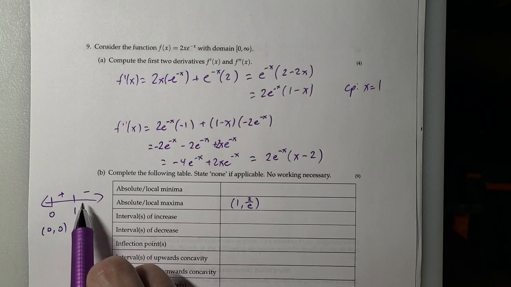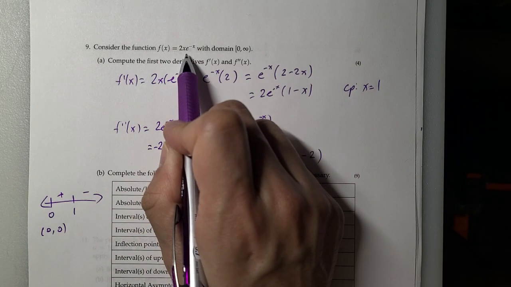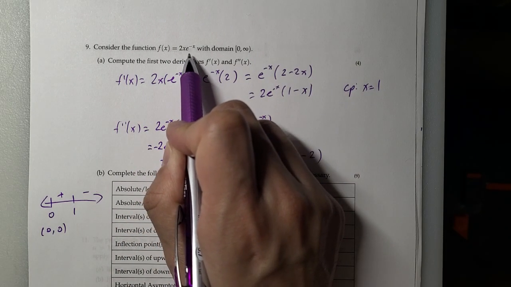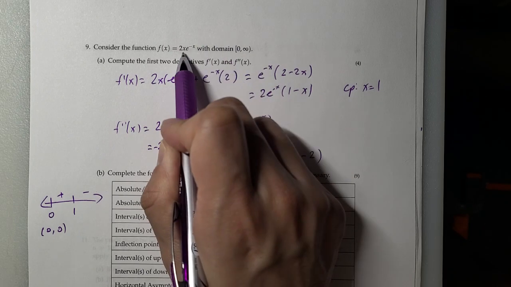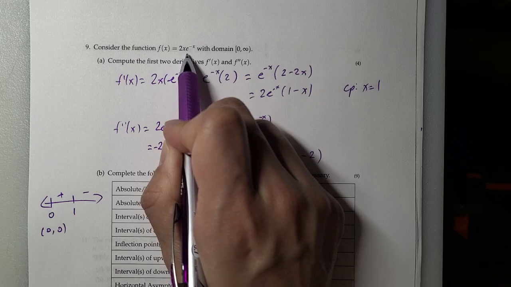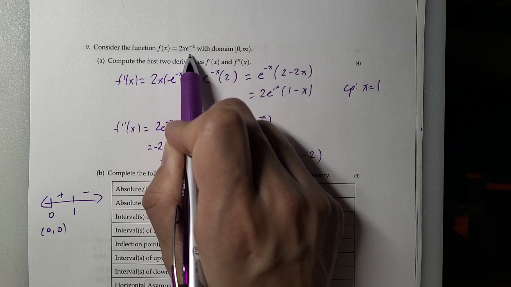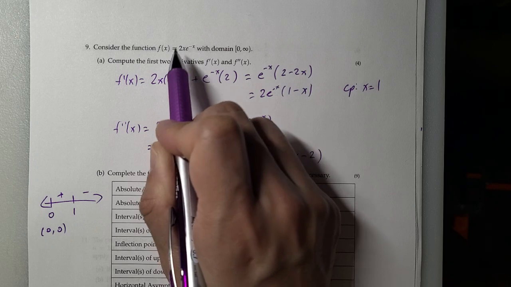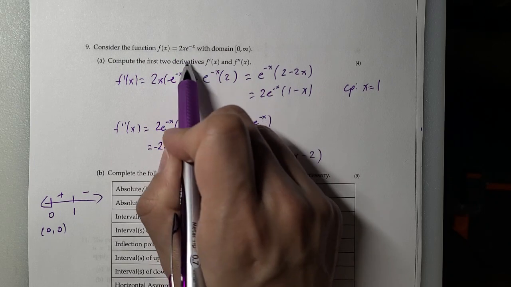For this guy, 2x e to the minus x, as x goes to infinity, this guy would go to infinity, but e to the minus x would go to 0. So it's kind of like an inverse: one will be going bigger, one will be going smaller.